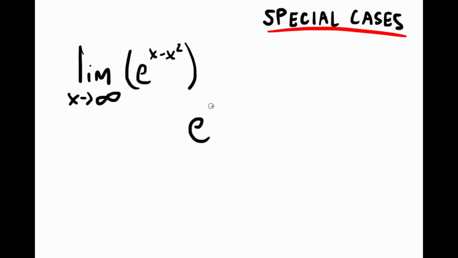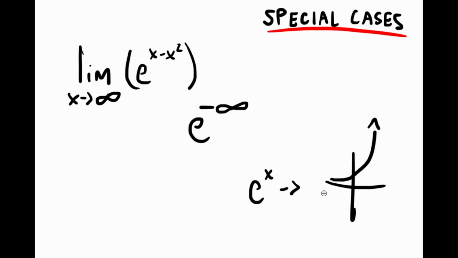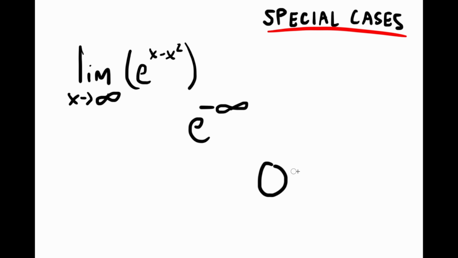So this is just going to be equal to e to the negative infinity. And as anyone knows, the graph of e to the x is going to look like this. It's exponential, but it doesn't ever cross the x-axis. Because of that, this is going to be equal to 0.